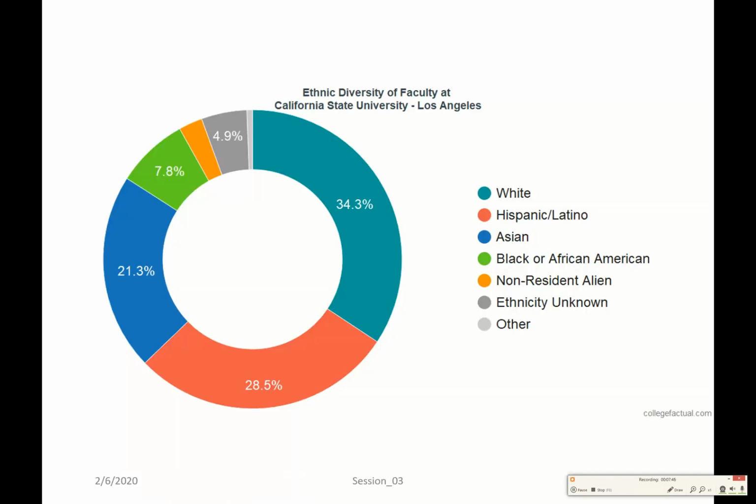So here's the ethnic diversity breakdown of faculty at Cal State LA, this school. What can you tell me about this chart? We have mostly white teachers. Okay, we have mostly white teachers. Is that consistent with your experiences? No? Some yes, some no. Depends on the major. That could be it. All right.